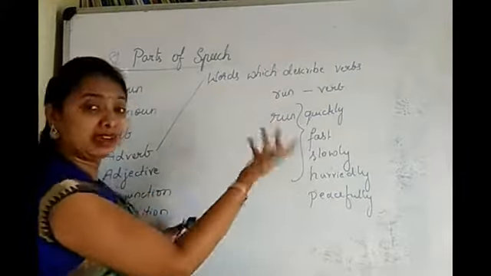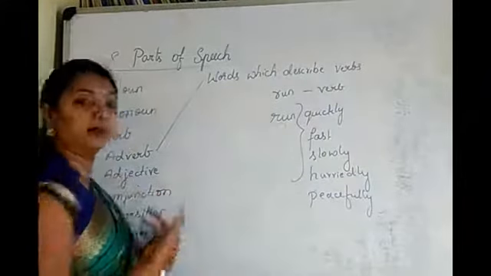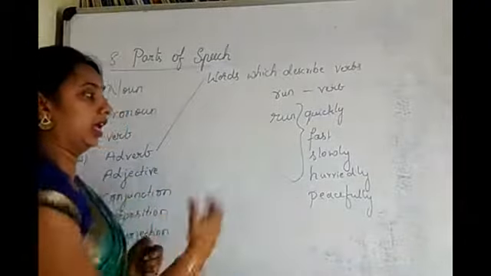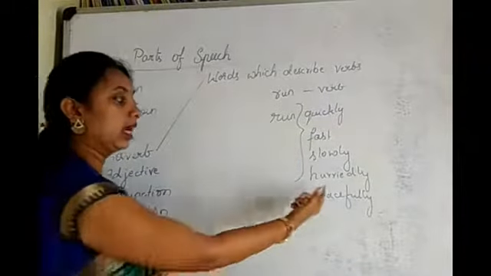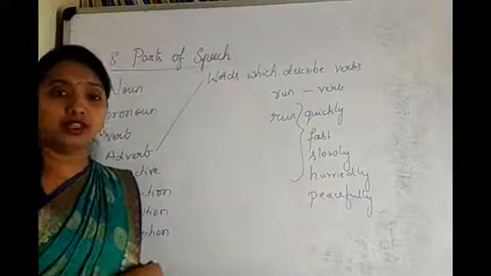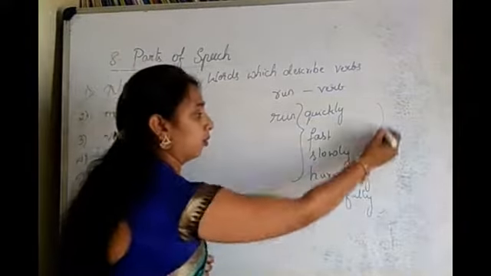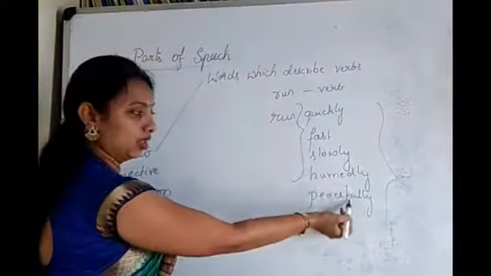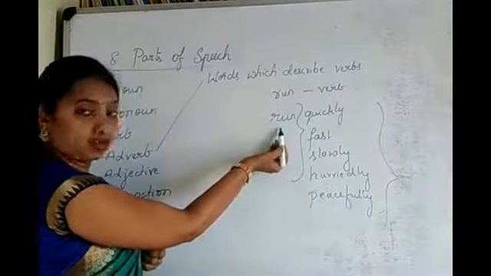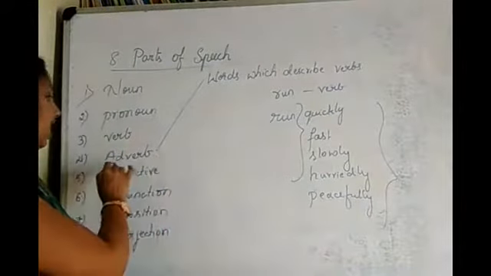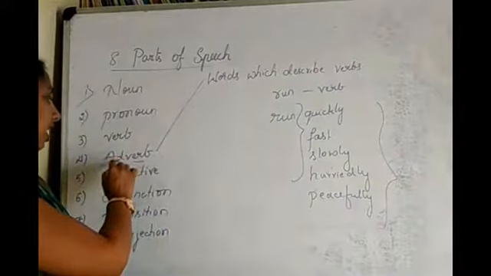How does he run? He runs quickly. He runs fast. He runs slowly. He runs hurriedly. He runs peacefully. We can use any describing words. So these are the words which we use to describe the action word. Just remember here, adverb. Add to a verb.